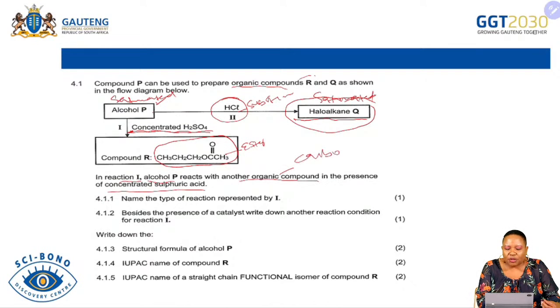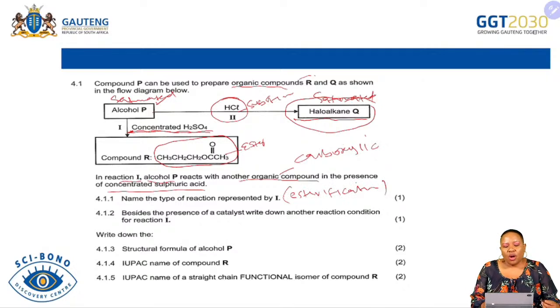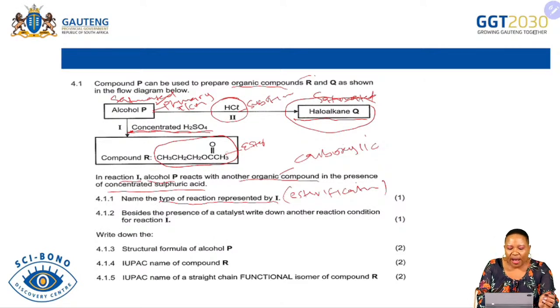We know that must be a carboxylic acid, because this reaction definitely is going to be our esterification, whereby an alcohol, and we know our alcohol is going to be a primary alcohol. Already we know, because we said esterification can only be undergone by the primary alcohols. Therefore, the type of reaction represented by reaction 1 is esterification.